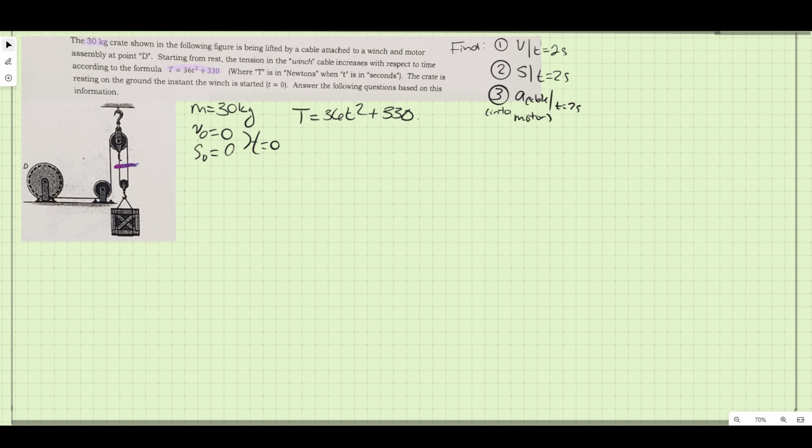And so for our free body diagram, we'll have our little pulley assembly right here, and it'll hold on to our crate, which is going to be down below.